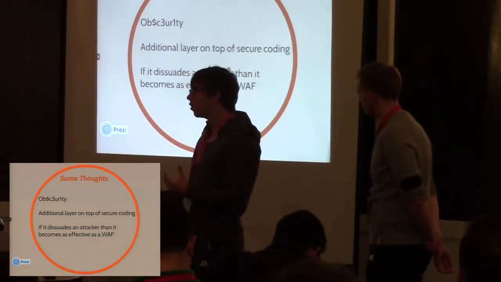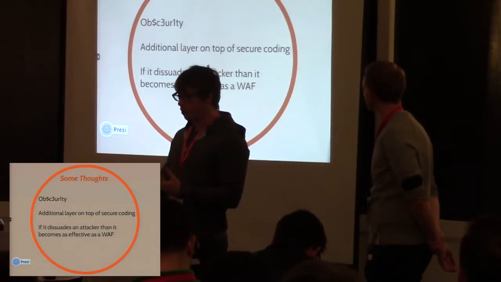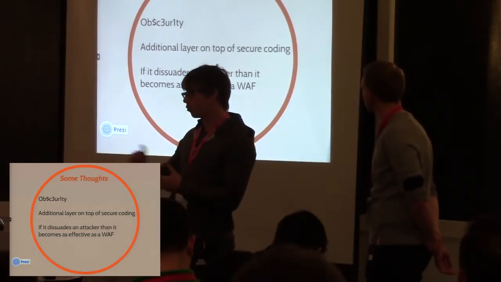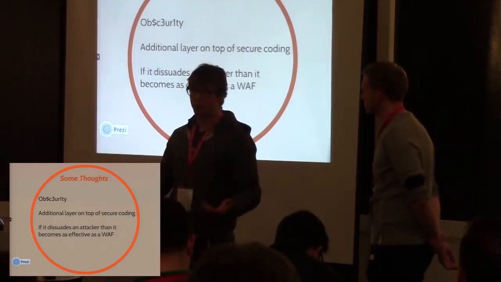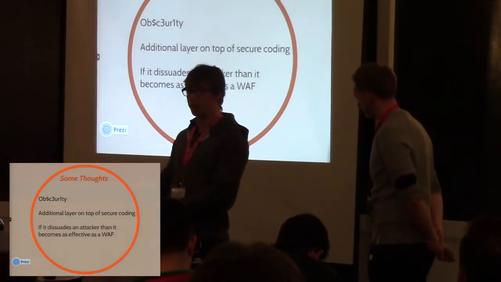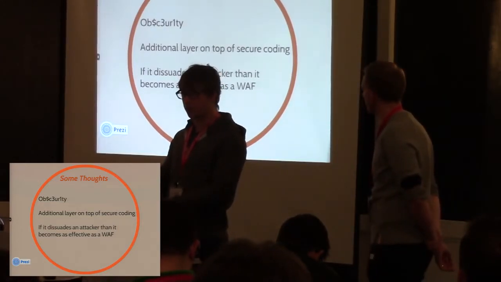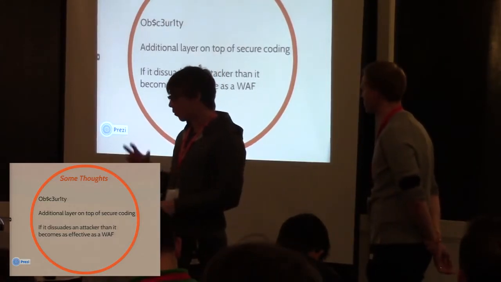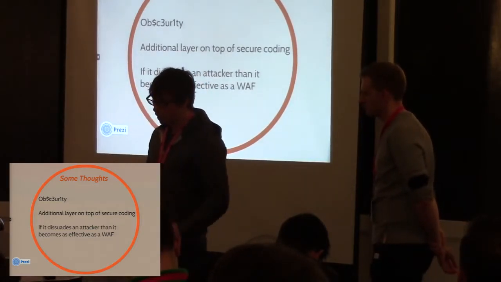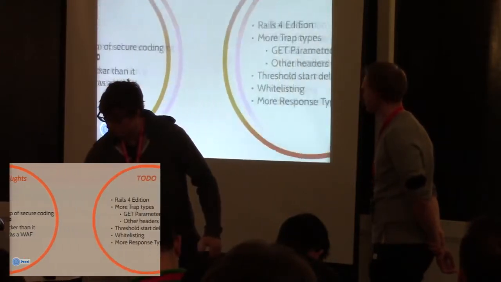The fact that we can hook into existing checks and rails makes this also not obscurity. So when you hook into authorization checks and you log violations that way, you testing an application looking for direct object reference, business logic vulns, you could potentially trigger violations unbeknownst to the user that there's anything going on and perform the same sort of advanced response handling. So basically, if it dissuades an attacker enough, it really becomes effective as a WAF.